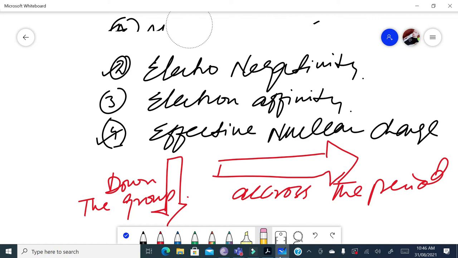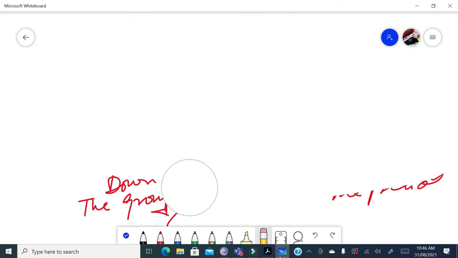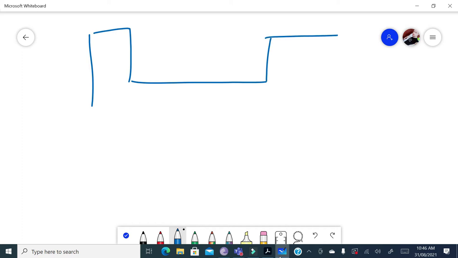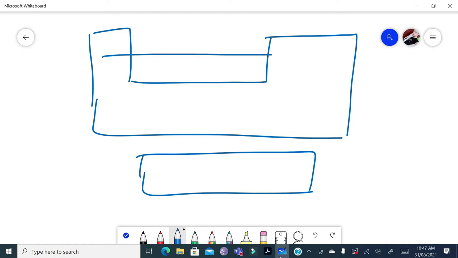Now, how we are going to see the periodic table? I'm just drawing the structure of the periodic table. This is the structure of the periodic table. When I'm moving from here to here, this is from left to right.